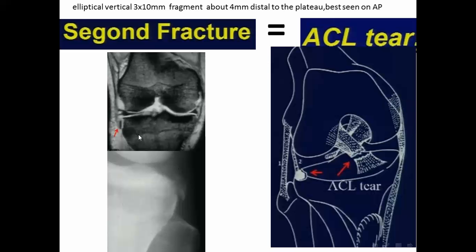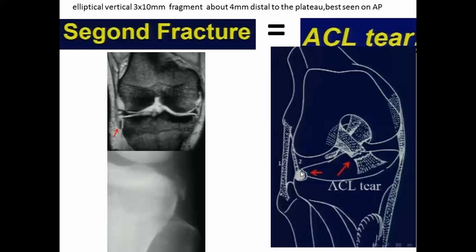The Segond fracture is an elliptical vertical 3 by 10 millimeter fracture, a separate fragment, about 4 millimeters distal to the plateau, best seen in AP. This is the Segond fracture, and this means an ACL tear, and this is the mechanism.